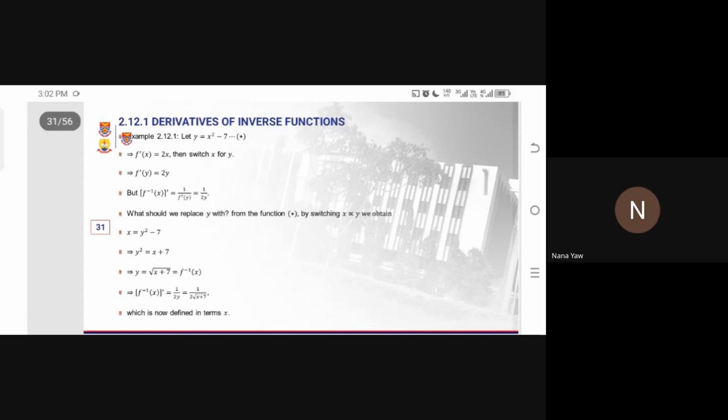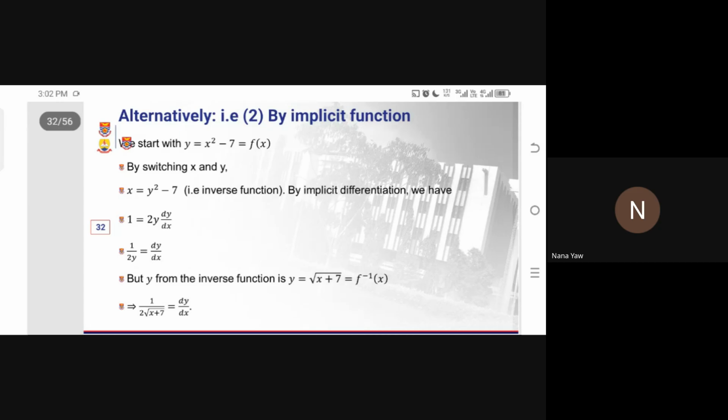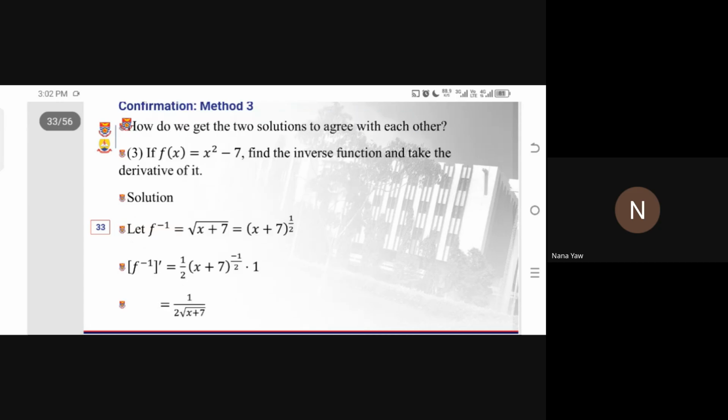So this question, we solved it in the first slide. It's the same question here. Instead of going through the formula, you can do it straight away with no stress. When you find the derivative, you quickly do the differentiation directly. You don't have to go and put it in formulas and all that. It will still yield the same result.